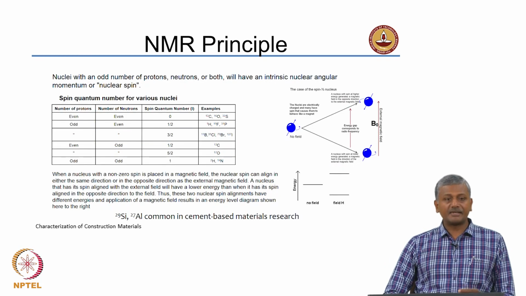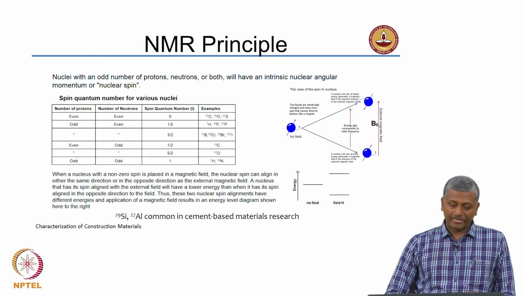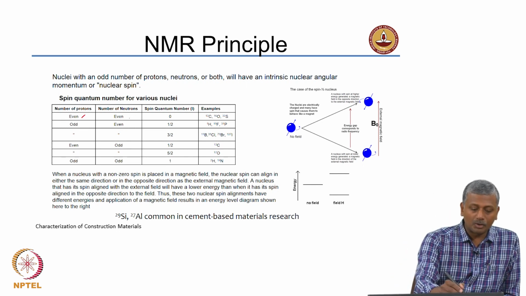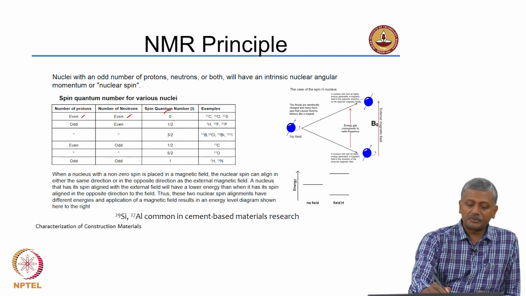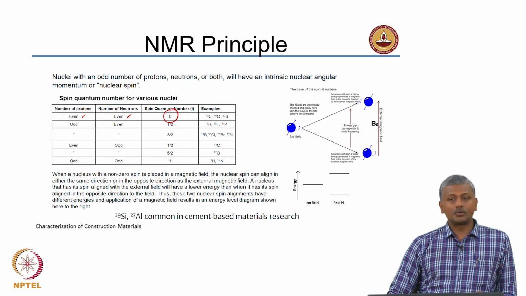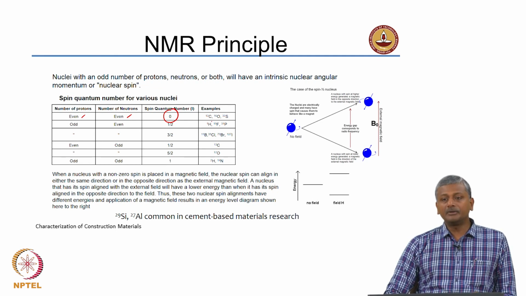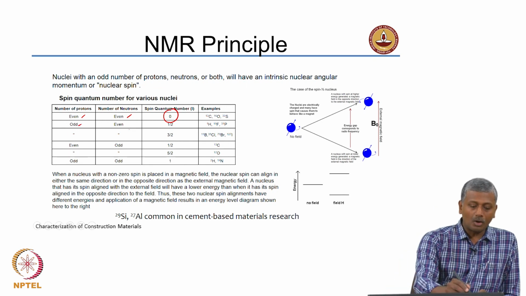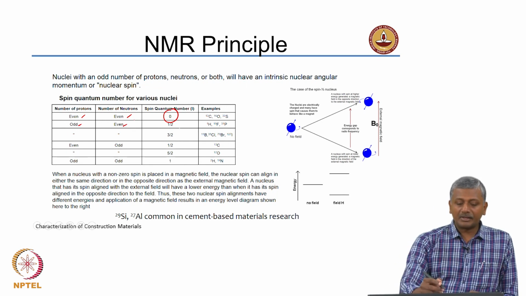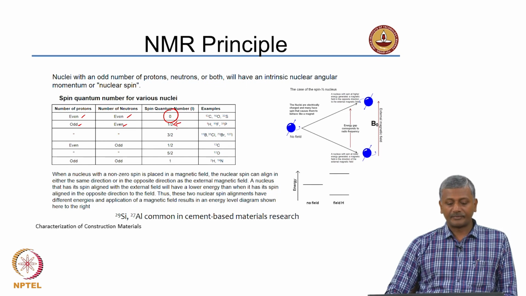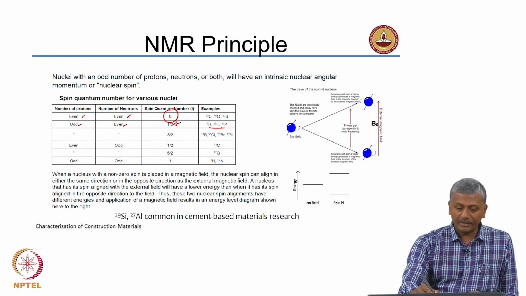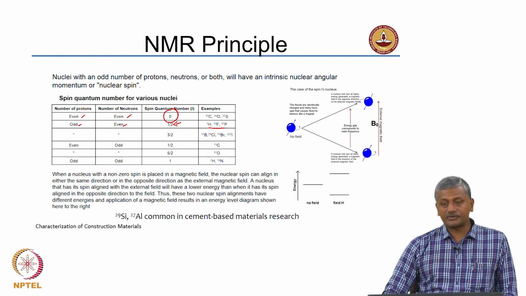So, as I said, nuclei with an odd number of protons or neutrons or both will have an intrinsic nuclear angular momentum or nuclear spin. For example, if the number of protons is even and the number of neutrons is even, the spin quantum number is 0, such as what you have for carbon, oxygen or sulfur. If the number of protons is odd and neutrons is even, then the quantum number is 1/2 in certain cases, like in the hydrogen atom, fluorine or phosphorus.